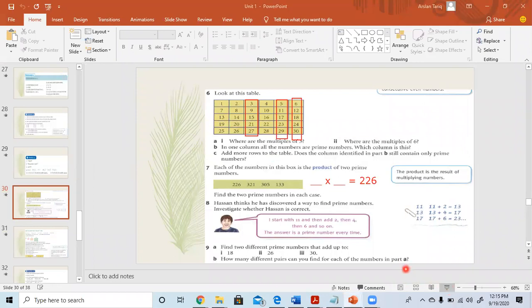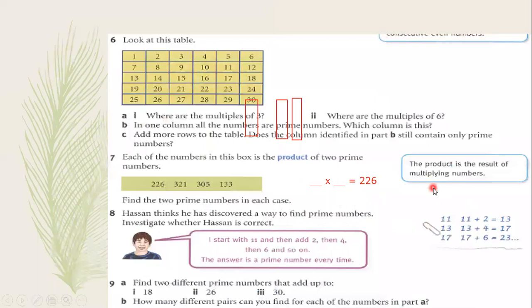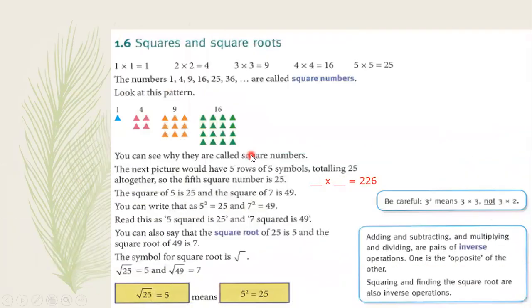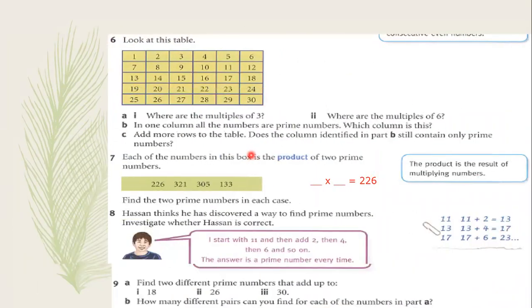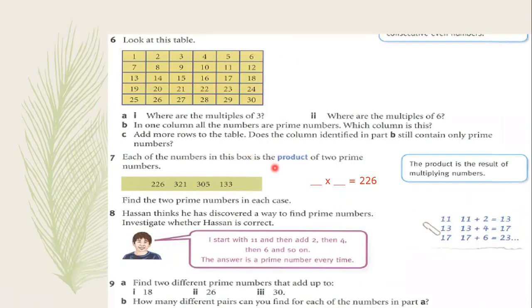Like this, you understand this. There are two numbers, and once you multiply, you will get your answers. Its answer is not mentioned here, so I will show you in the class, inshallah.